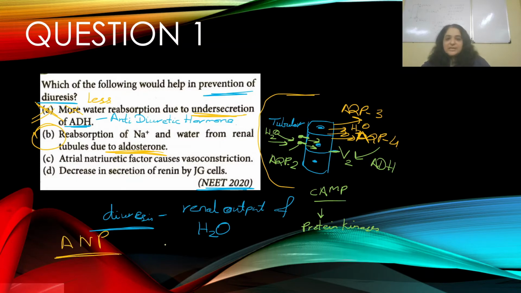You won't see it as ANF, really. Okay, so what is the meaning of natriuretic? It is the renal output of sodium ions.